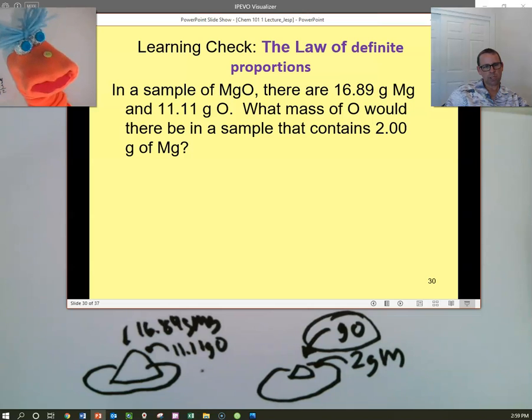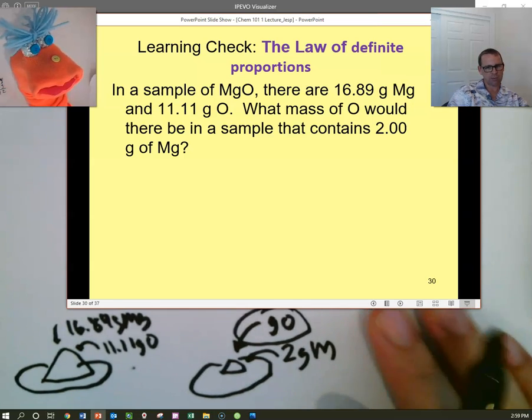So 16.89 over the 11.11 should be equal to x over the 2. Okay, very good.